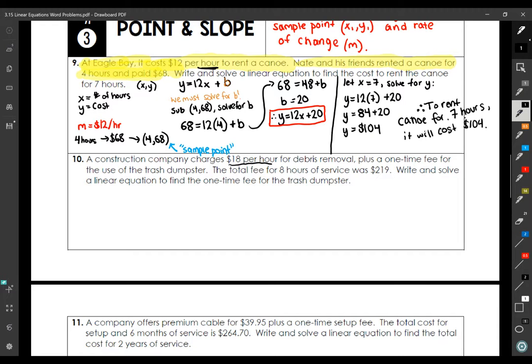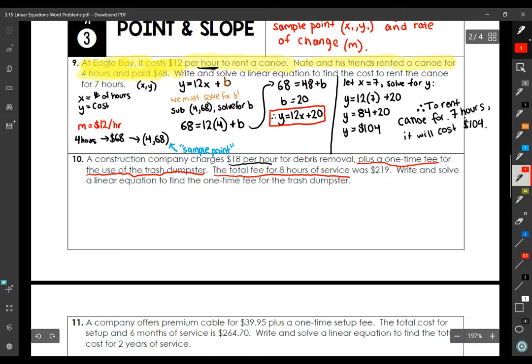So they're telling us there is an initial fee, they're just not telling us what it is. They are giving us the sample point though. It says the total fee for 8 hours of service was $212. Write and solve a linear equation to find the one-time fee for the trash dumpster.